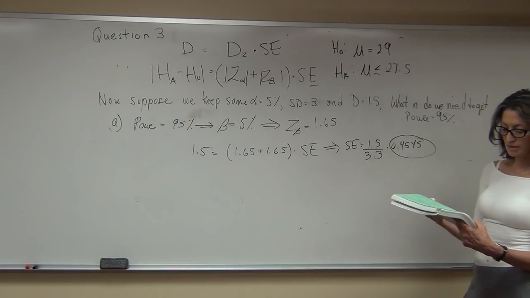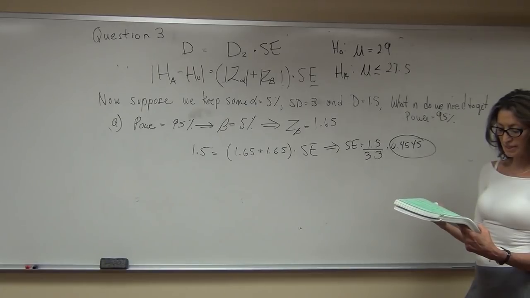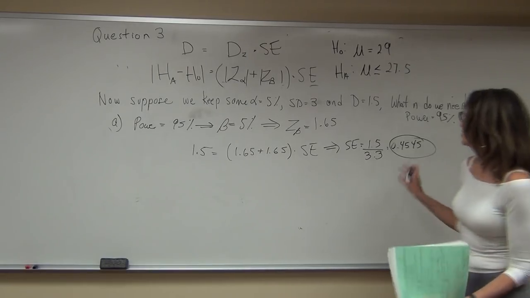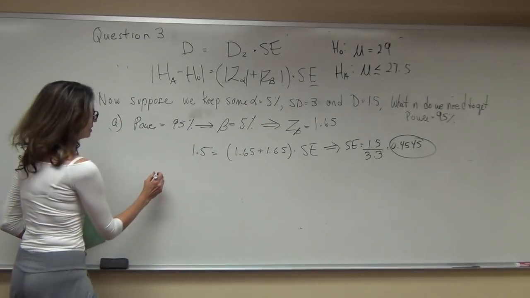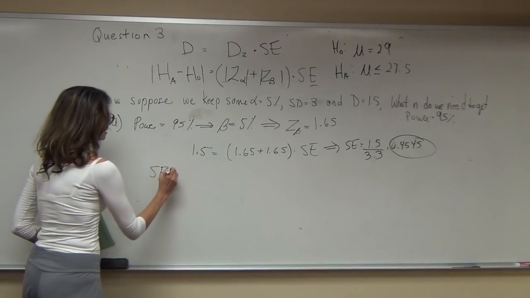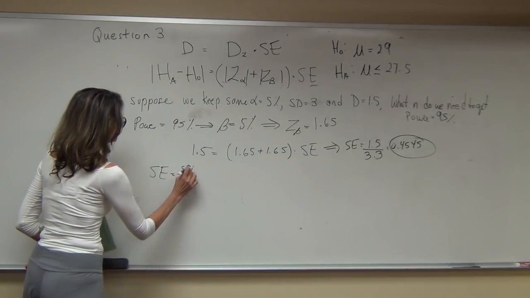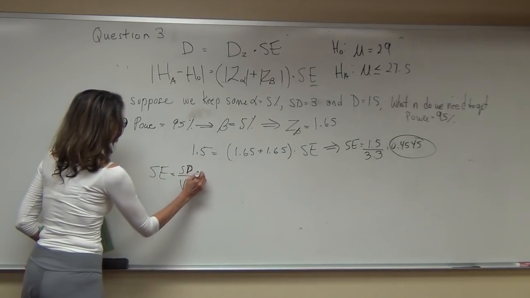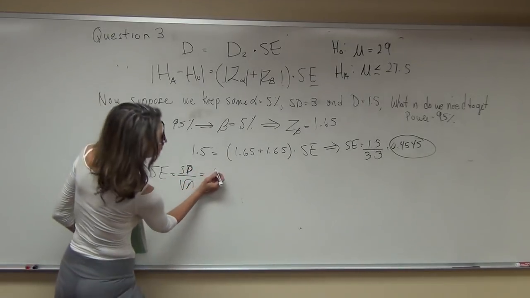So now the last thing is how large an n will give us that smallest standard error. The standard error formula we're using is the standard error equals SD over the square root of n. And we know that the SD is equal to 3.